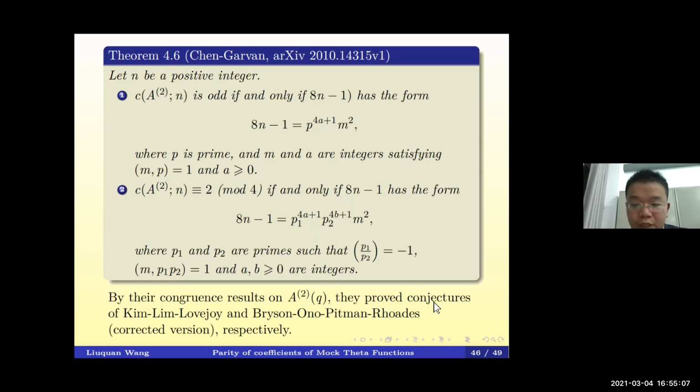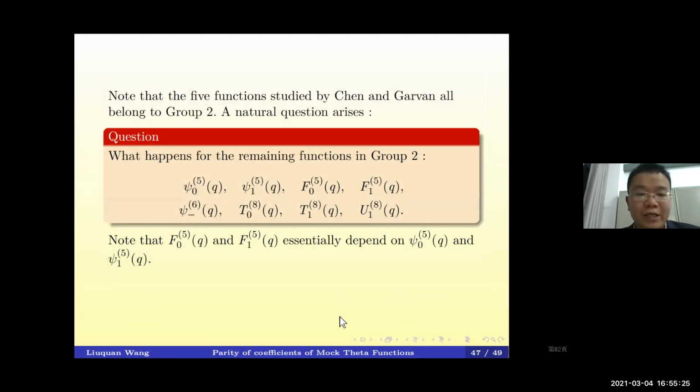One conjecture was proposed by Kim, Lim, Navjoy, and another conjecture is by Bryson, Ono, Pittman, and Rhodes. And they also pointed out an error in the original version of the conjecture. At the end of their paper, they also asked whether one can generalize the results in my paper from modulo 2 to modulo 4.